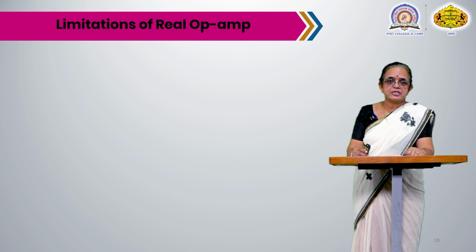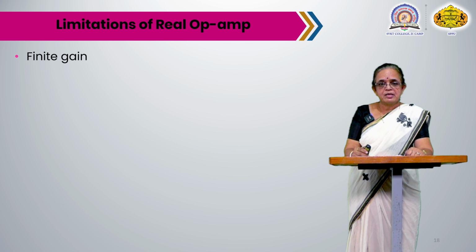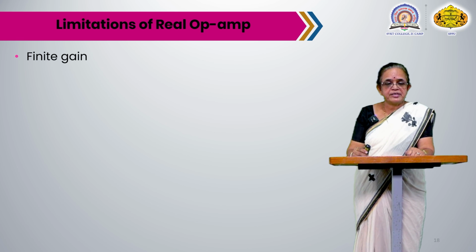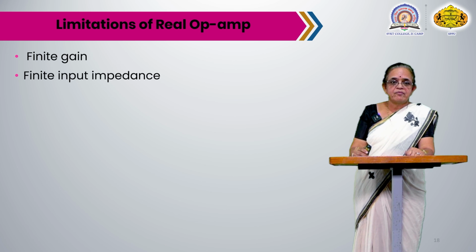Then, limitations of a real op-amp. We have seen all the properties of the ideal op-amp, but what about a real op-amp? First point is finite gain. For an ideal op-amp, gain is infinity, but in actual practice there is a finite gain. By using feedback, we can control the gain, and the gain is not infinity but some high finite value. Finite input impedance.